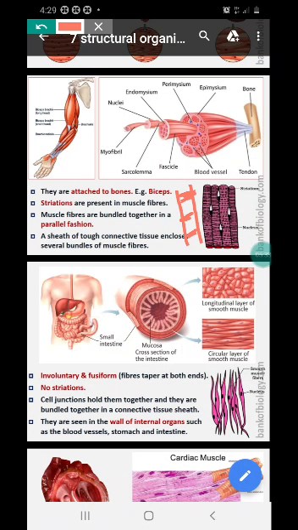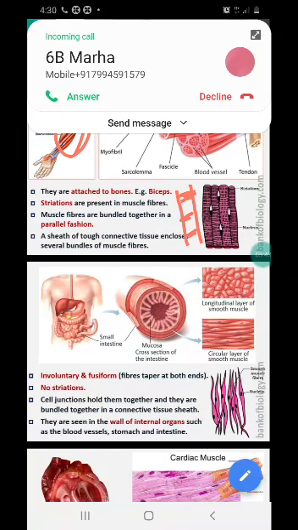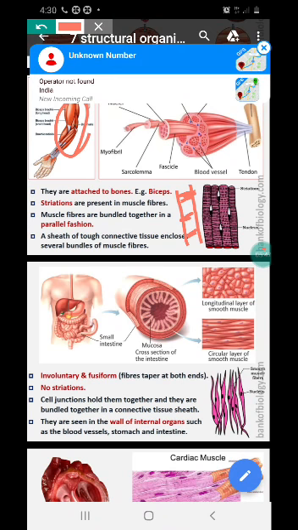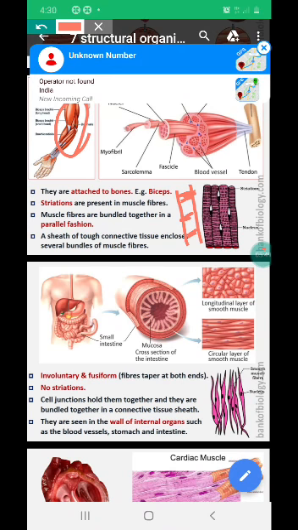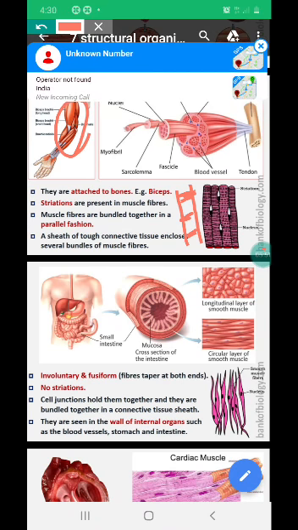Because of the presence of striations, these are also called striated muscles, and they are attached to the skeletal part.